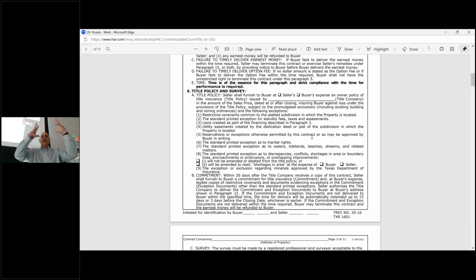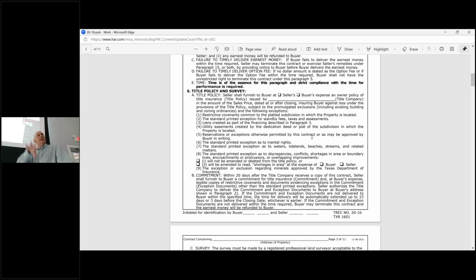They do all their research. And when they determine that we are going to be willing to issue an insurance policy, then they issue a commitment. So it's not the actual insurance policy, but it's saying to all parties, we've done our research. We promise you we will issue a title policy on this home with these exceptions.